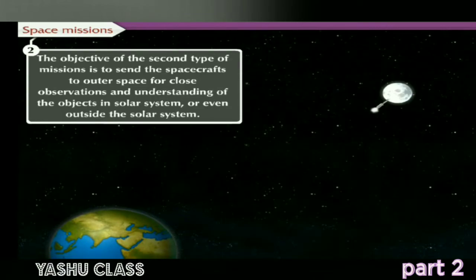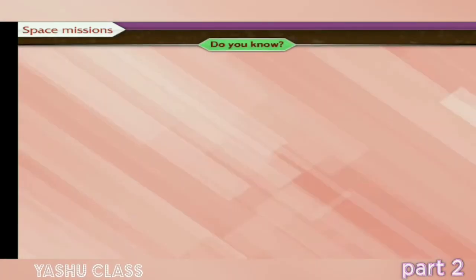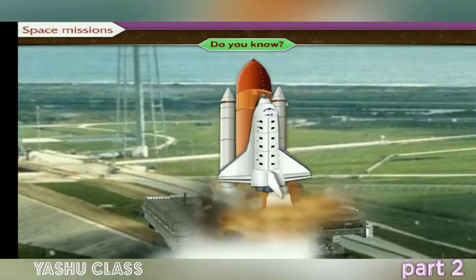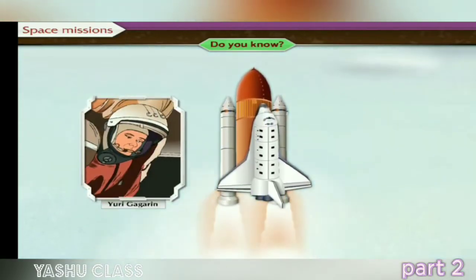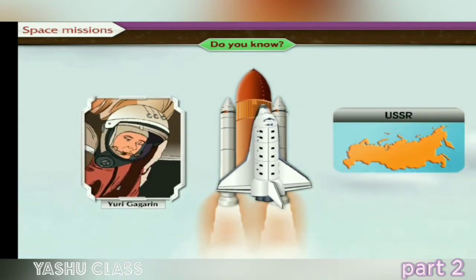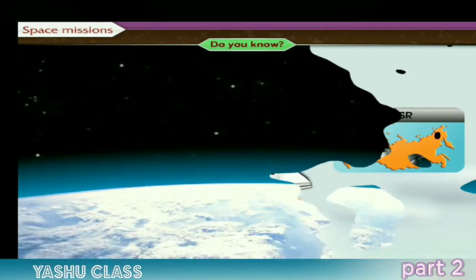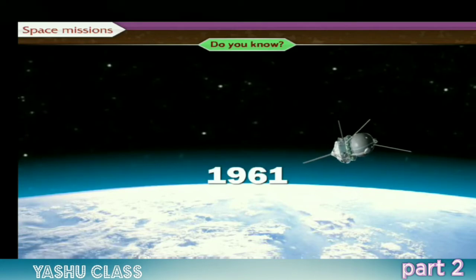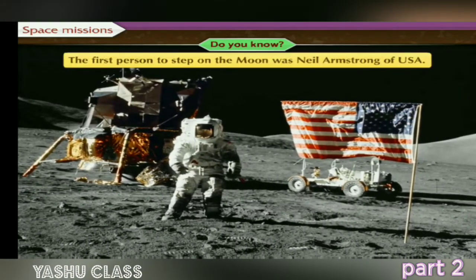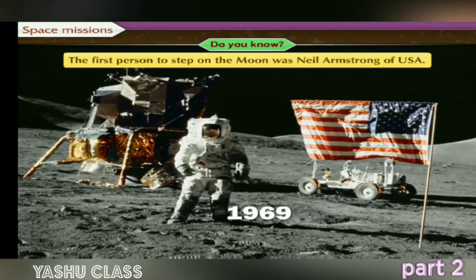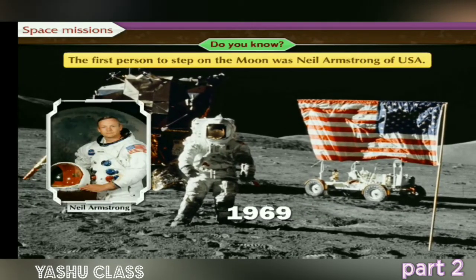Do you know? The first person to go into space in a spacecraft was Yuri Gagarin of the then USSR. He orbited the Earth in 1961. The first person to step on the moon in 1969 was Neil Armstrong of USA.